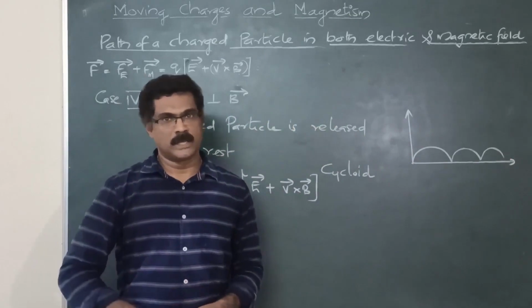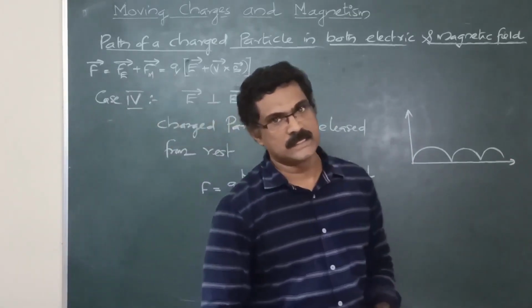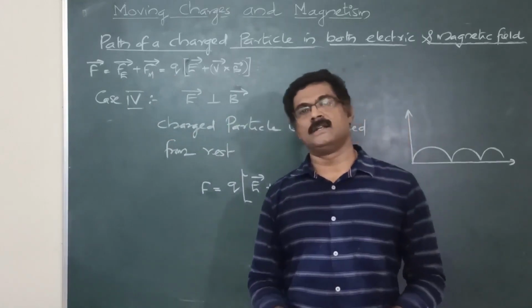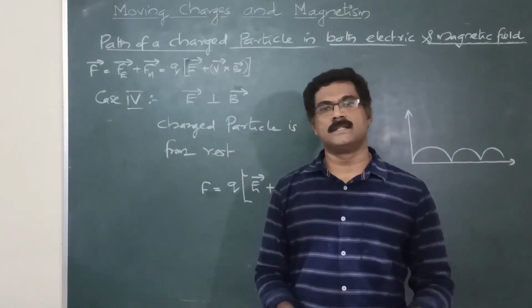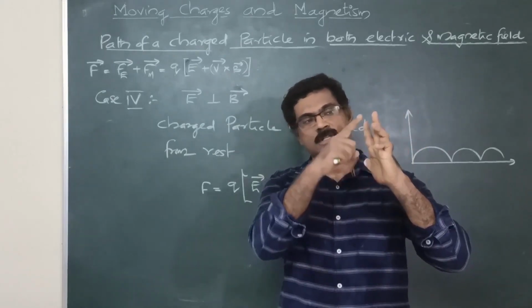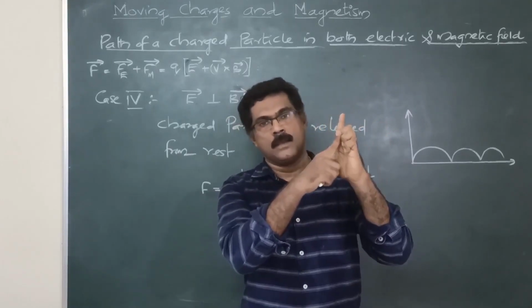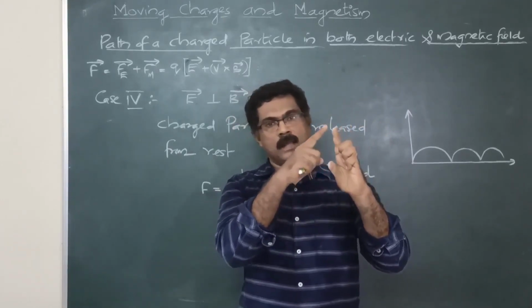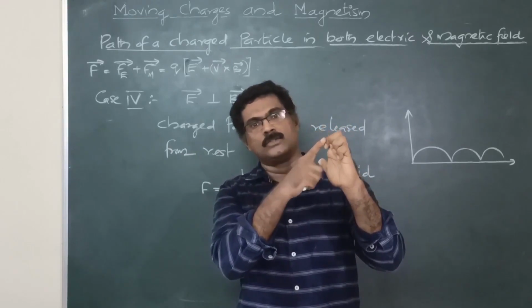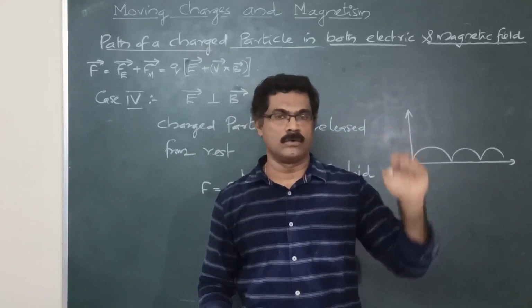Okay, so that's all about the motion. We discussed the first session, and this session contains the magnetic Lorentz force, motion of charged particles in a magnetic field, then through both electric and magnetic fields, finally the cyclotron.